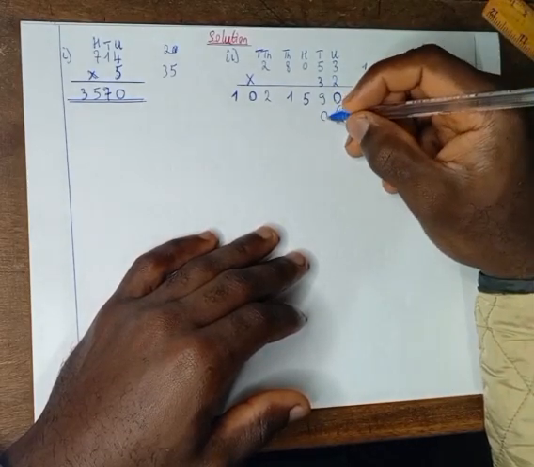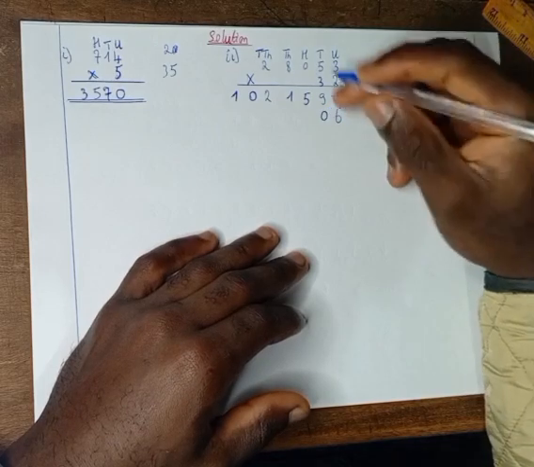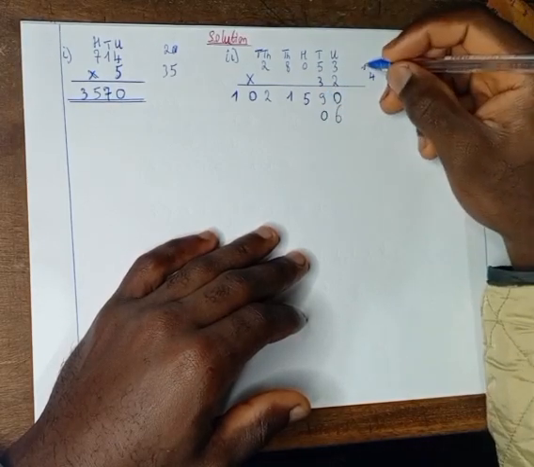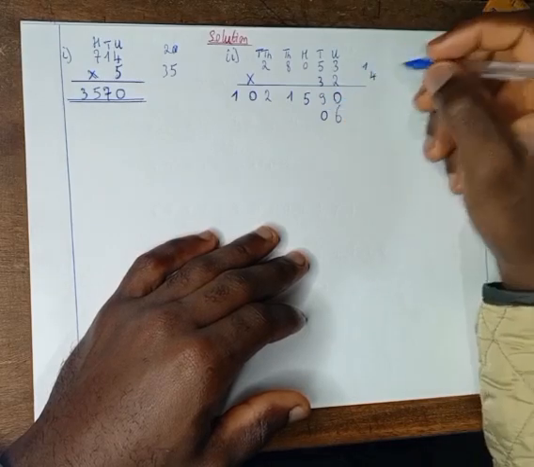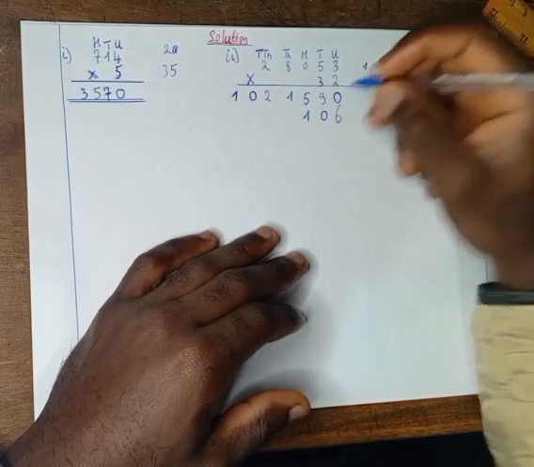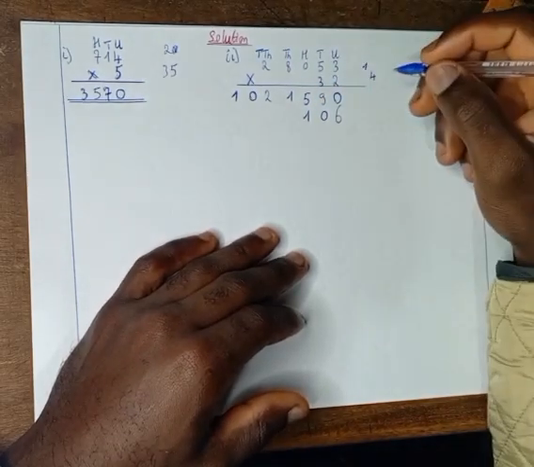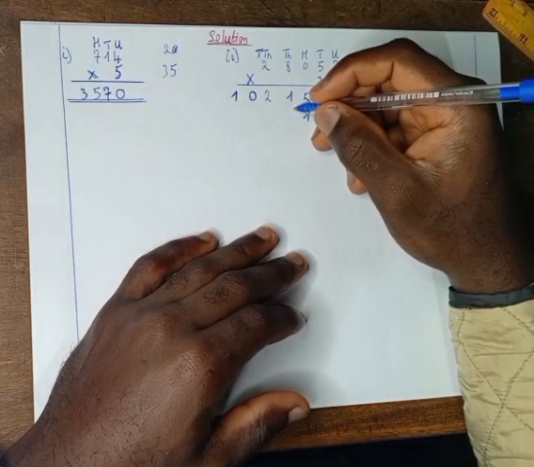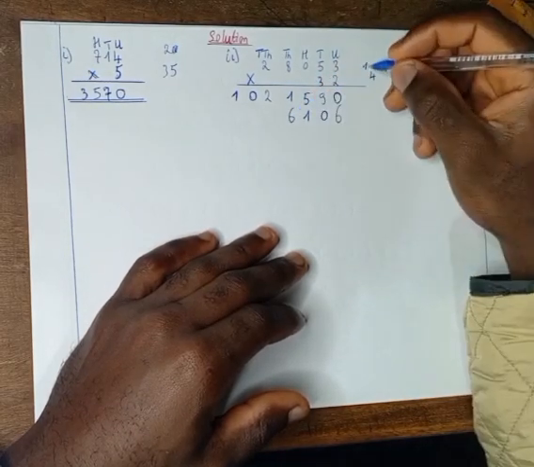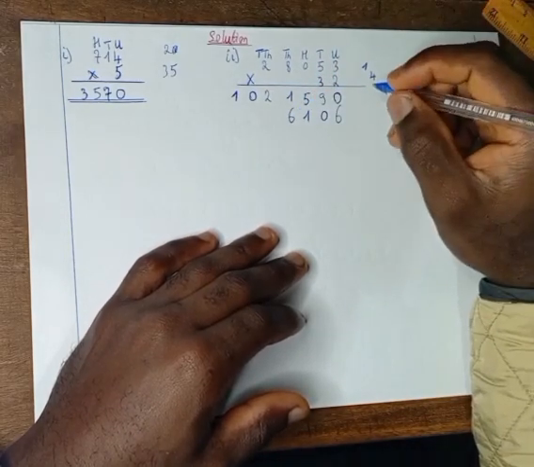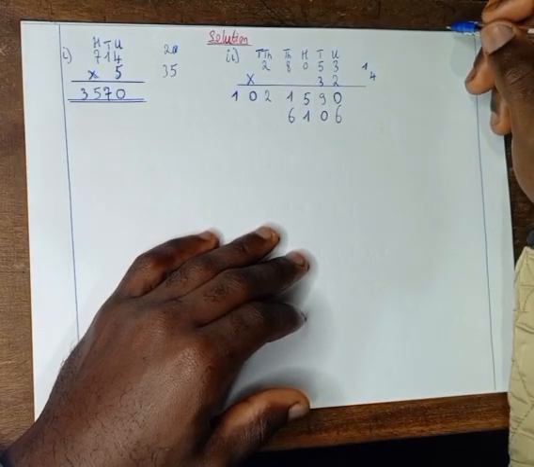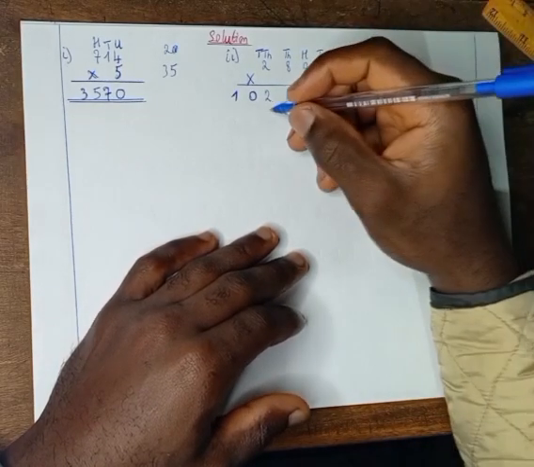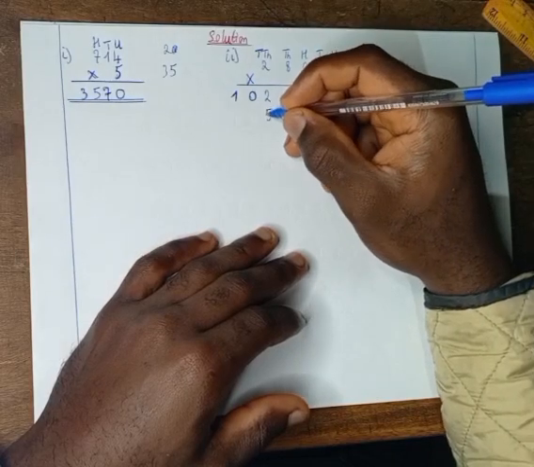We are going to write down 0 under tens, then we carry 1. 2 times 0 gives us 0 plus 1 we carry gives us 1. 2 times 8 gives us 16. We are going to write down 6 here, then we carry 1. 2 times 2 gives us 4 plus the 1 we carry, it gives us 5.